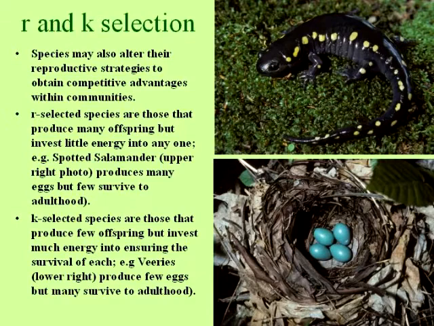And the salamander that you see in this photograph here is the spotted salamander that laid the eggs that was in our last photograph. Amphibians frequently tend to be more towards the R-selected end of things, where they lay many eggs, but most of the eggs do not survive to adulthood.